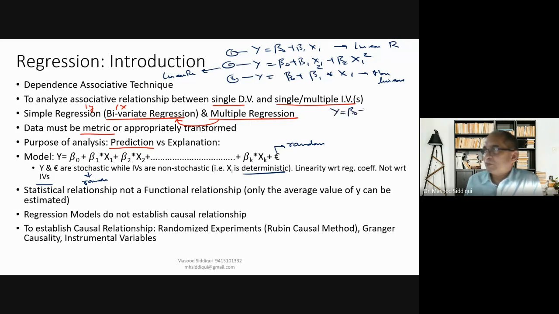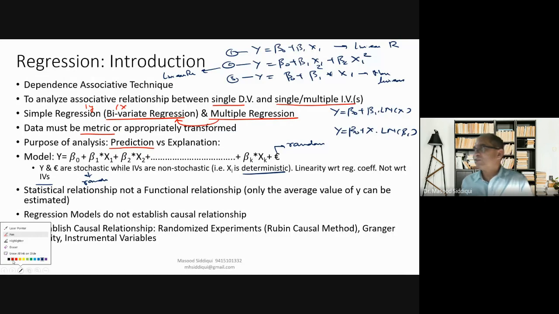y is equal to beta 0 plus beta 1 into log of x. And another equation, y is equal to beta 0 plus x into log of beta 1, right? So if we look at the first equation, this is linear with respect to the regression coefficient.